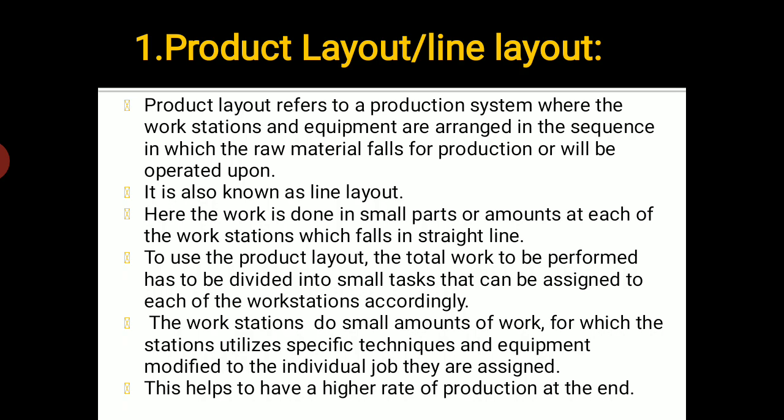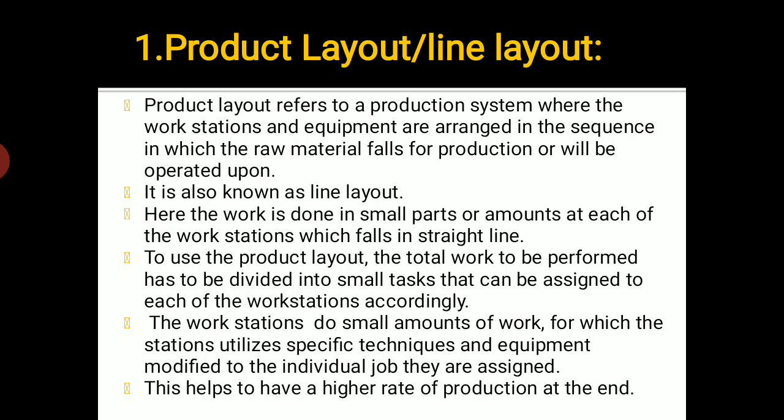Everything is sequentially arranged, and once you have the raw material from one process, it will directly move on to the second, to the third, and it will follow the sequence of its operation, and that is very, very important. It is also known as line layout, as I told you.